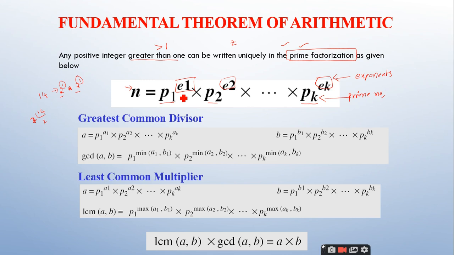You might have a doubt about why we need these factorization methods. The application of this method is that you can easily find the greatest common divisor, or the least common multiple.